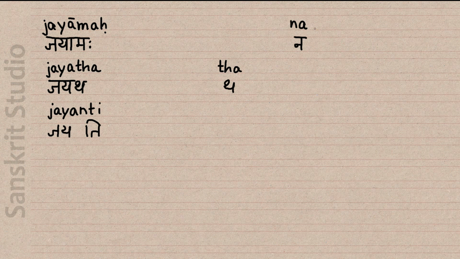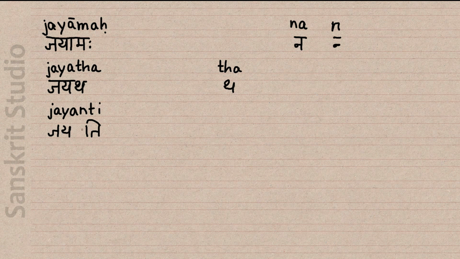What we want to do is cut away the ah sound, so that we will have an n here, and we do that by just removing the vertical stroke. So we would have something like this.